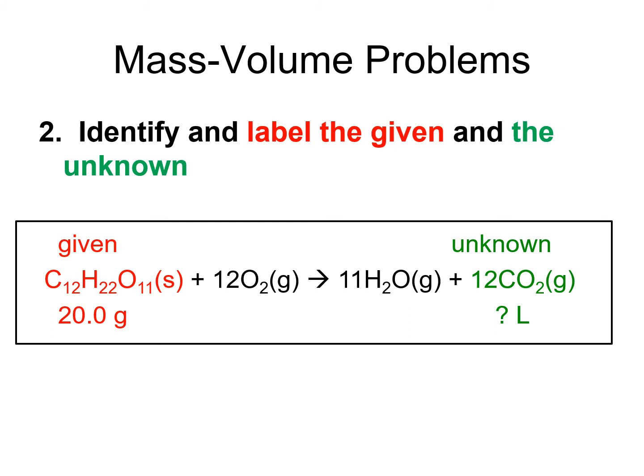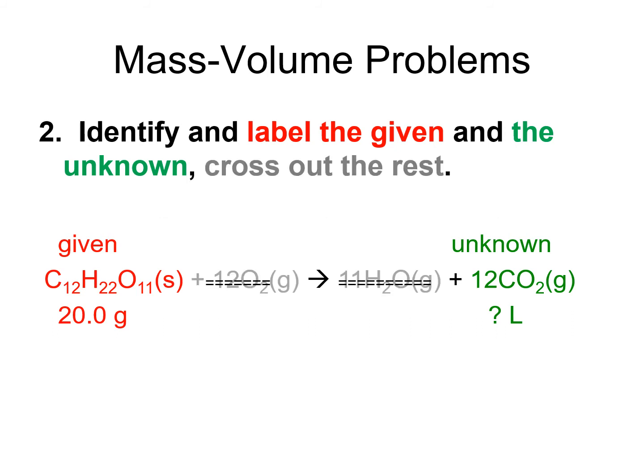The question does not ask me about oxygen or water, and so I am going to mark through those. I don't want to focus on the water or the oxygen at any point after I've identified my given and unknown substance.